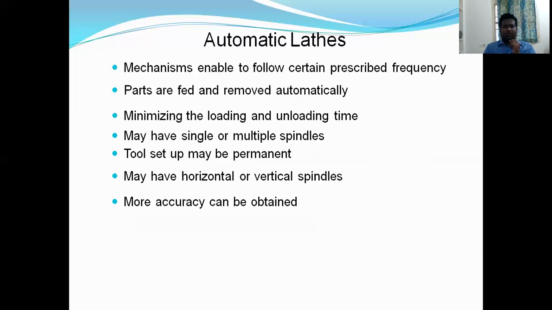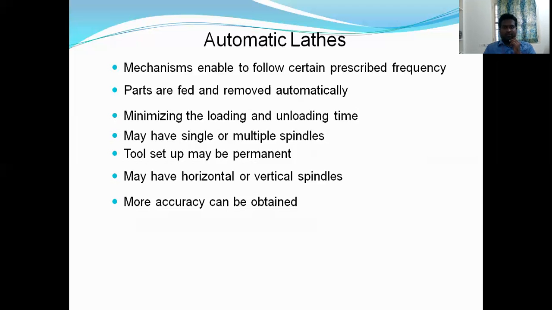By doing it automatically, accuracy can be obtained. Manually operated machines may get accuracy, but with the fatigue of the operator increasing, the cyclic operations increase as well. The fatigue affects the operator, and it reflects on accuracy.